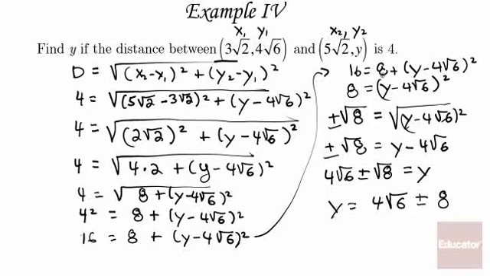Subtracted 8 from both sides, and at that point I was left with this, and I needed to solve for y. And the easiest way to do that was to take the square root of both sides, which got rid of that square, and gave me plus or minus the square root of 8 equals y minus 4 radical 6. Solve for y, and these are my 2 solutions.